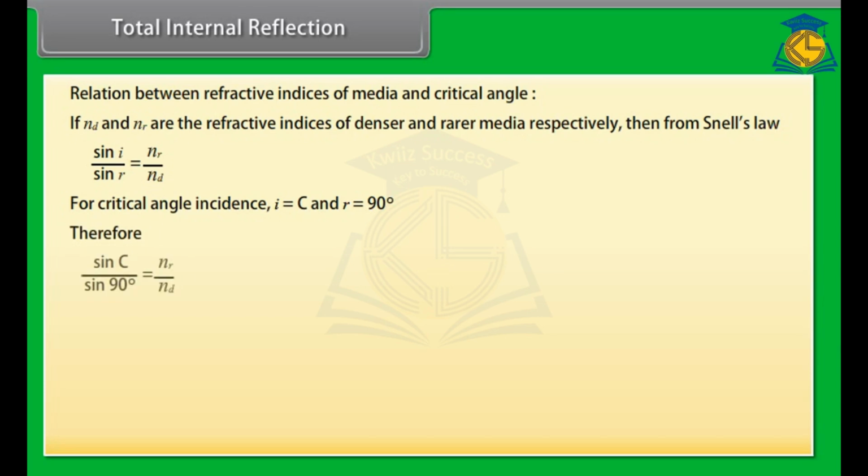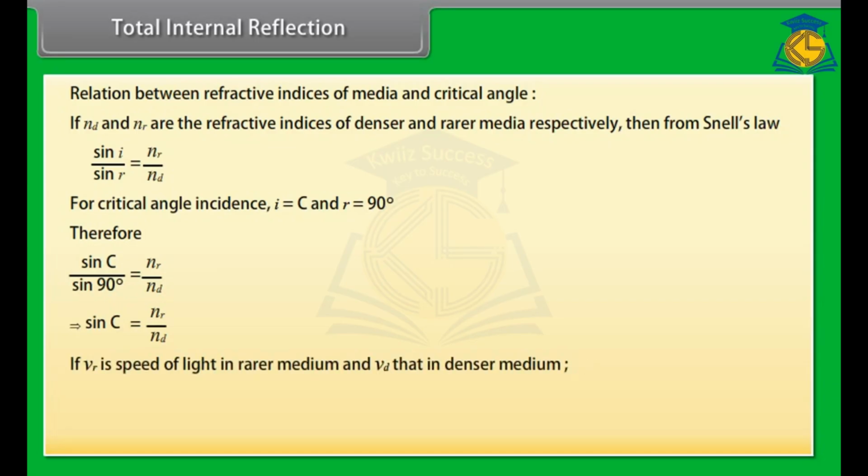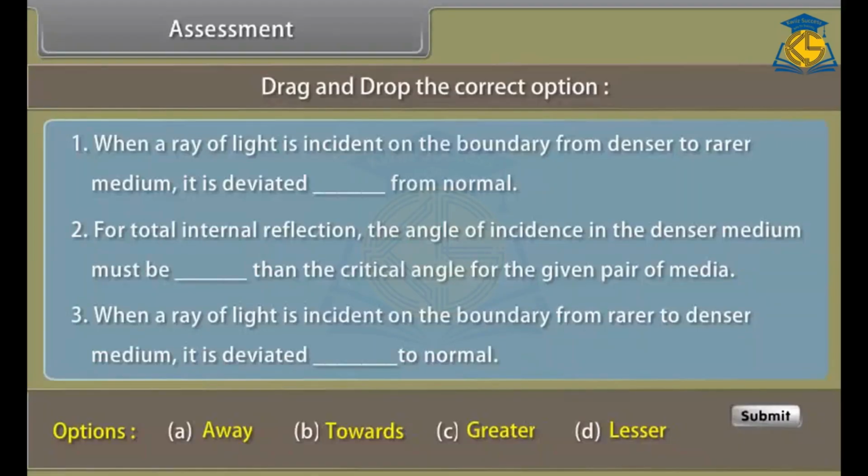Therefore, sin C by sin 90 degrees is equal to NR by ND. It implies sin C is equal to NR by ND. If VR is speed of light in rarer medium and VD that in denser medium, then sin C is equal to VD by VR.